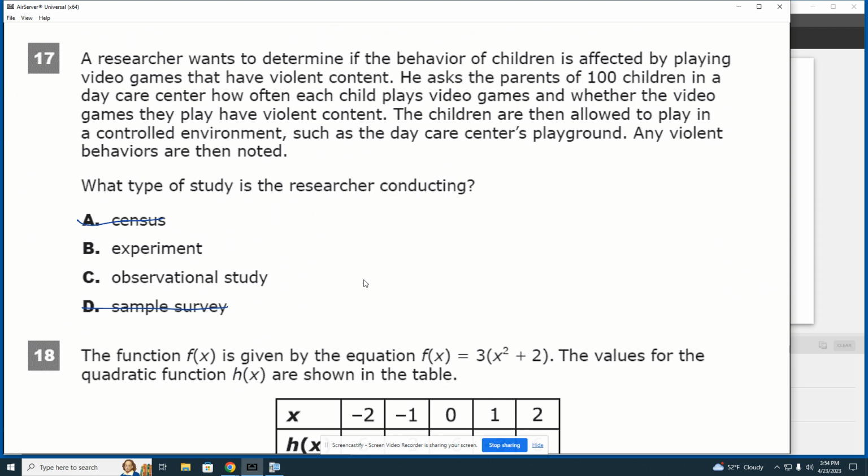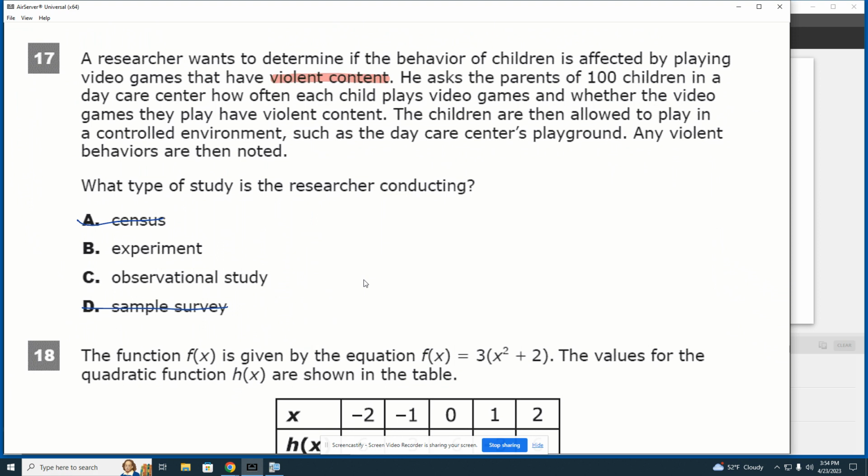So here's the key with this problem. You're testing to see kids who play video games that have violent content. So if you think about that, asking a kid or making a kid play a video game that has violent content would probably be unethical, right?